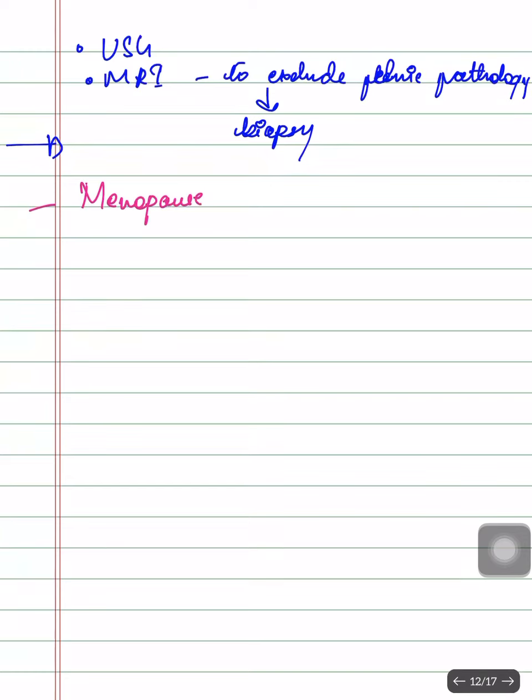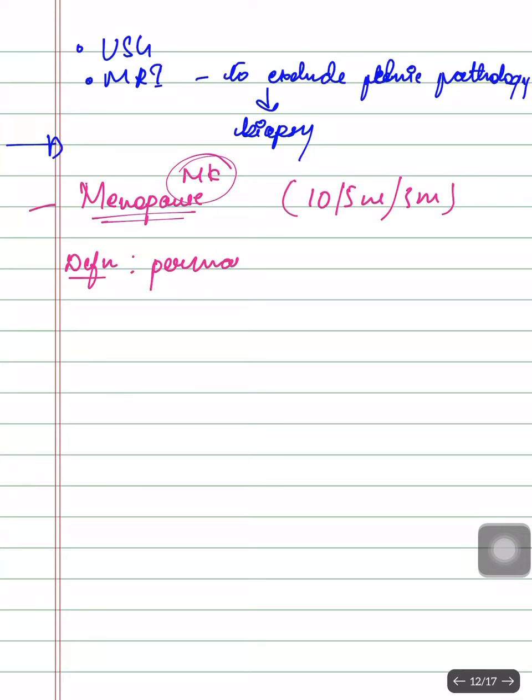So it is very essential for 10 as well as 3 marks, and sometimes they will even ask for 5 marks. The definition of menopause is a must-know question, you have to read that. Menopause means permanent cessation of menses at the end of reproductive life due to loss of ovarian follicular activity.